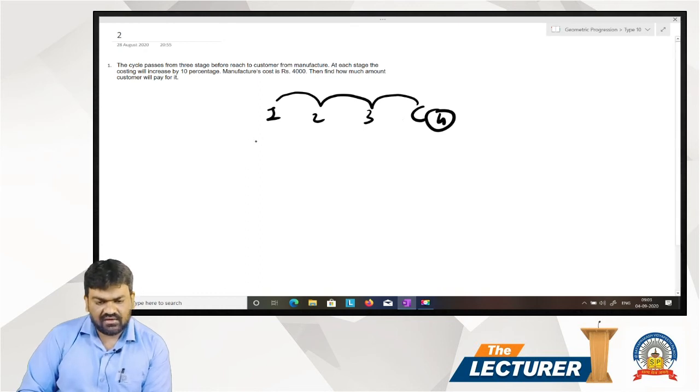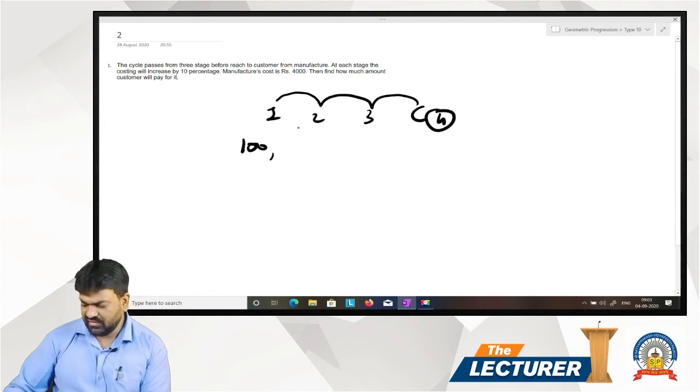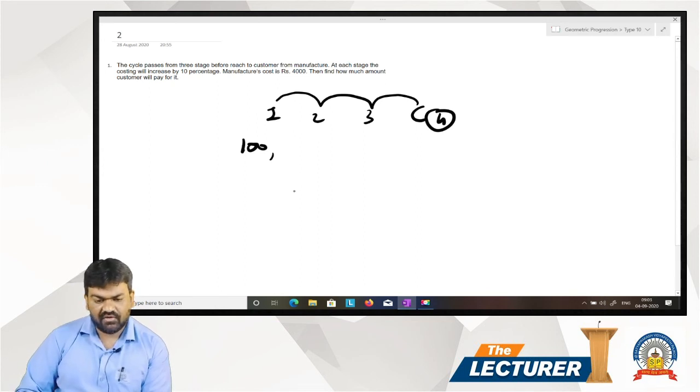So let's assume that manufacturing cost is A, then it will be increased by 10%. So say for example manufacturing cost is 100. Okay. Now next step, second step માં જેની પાસે આવશે એમાં 10% increase થઈને આવશે. તો 100 ના 10%, 10, 100 plus 10%, that is 110.